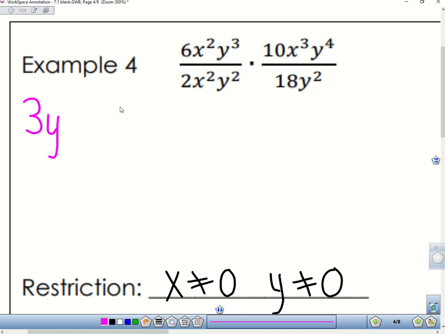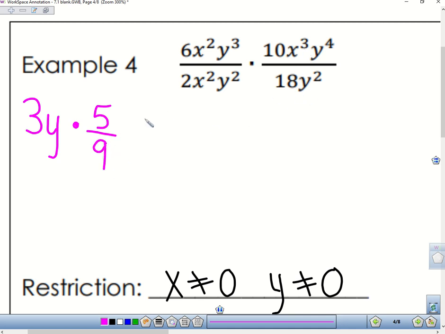And then we're going to do the same thing with the second one. Does 18 go into 10? No, but can we reduce that fraction? They're both divisible by 2, which makes this 5 ninths. And then what about the x cubed?